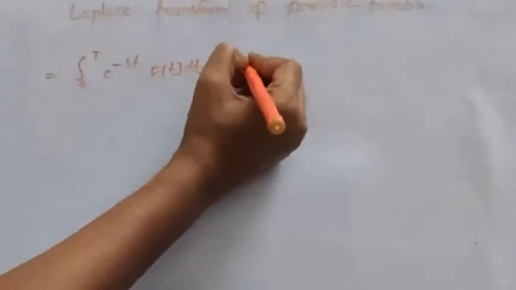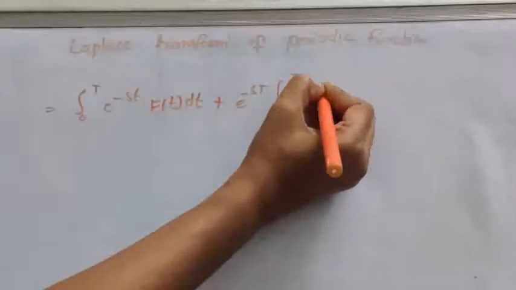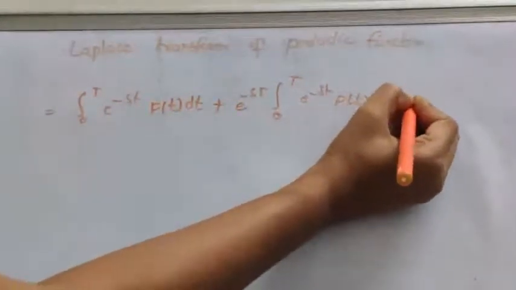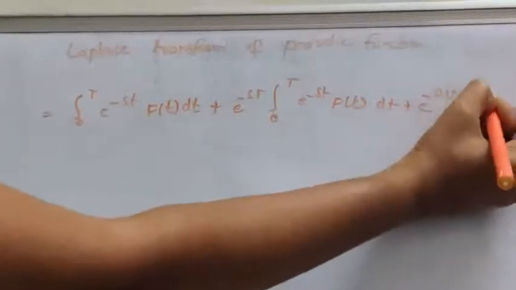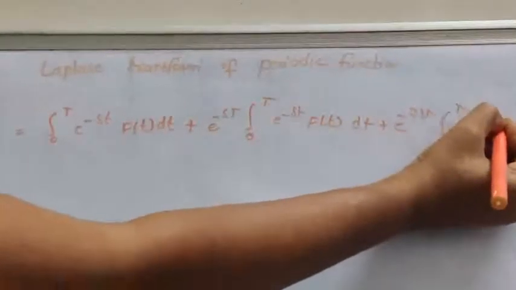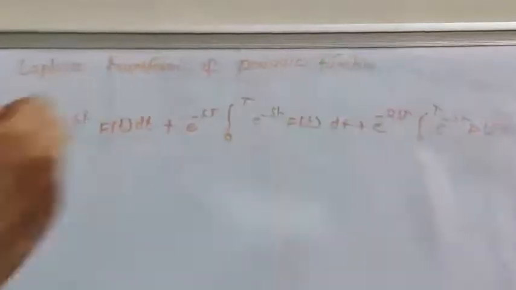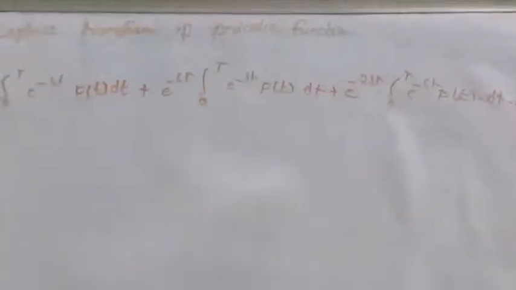So plus e power minus sT integral 0 to T of e power minus st f of t dt, plus e power minus 2sT integral 0 to T of e power minus st f of t dt, and so on. Now from all the terms bring integral 0 to T of e power minus st f of t dt as common.